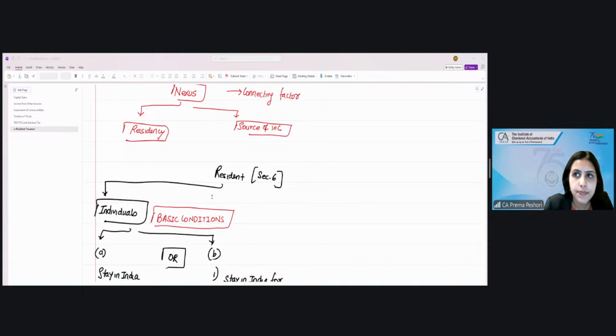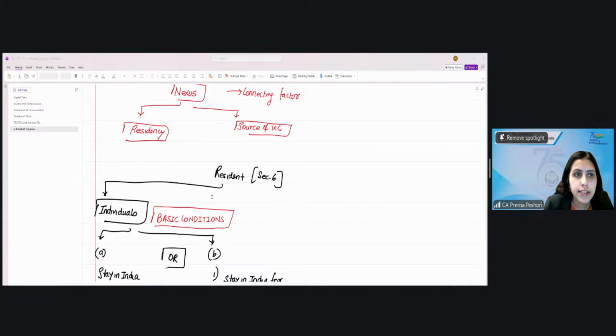Yes, Samnithan. So we decide the residential status of the individual on the basis of number of days of stay, isn't it? But what are the number of days of stay for an individual?